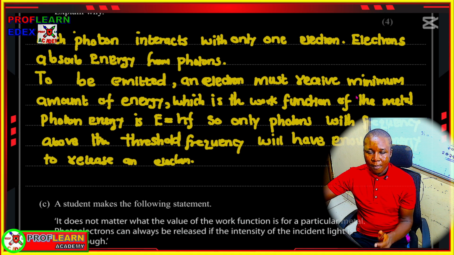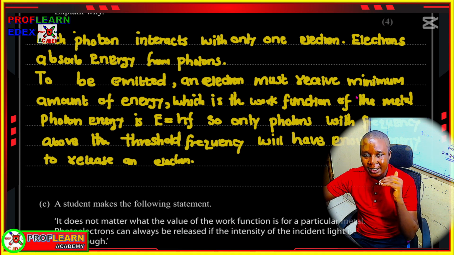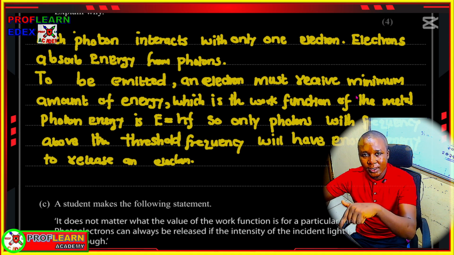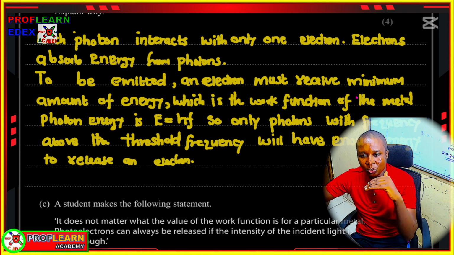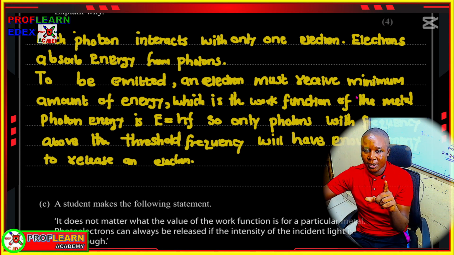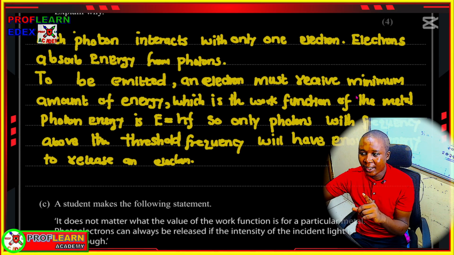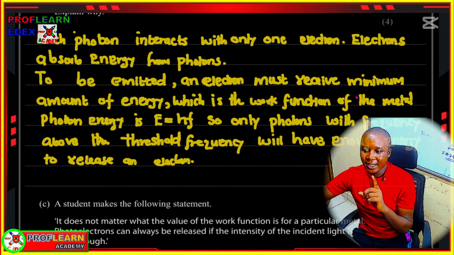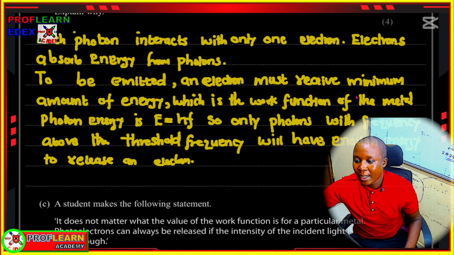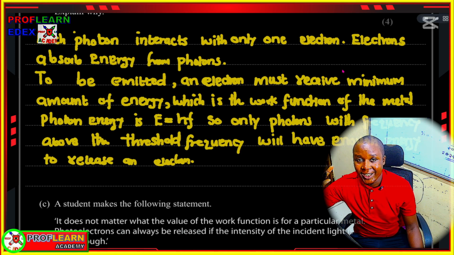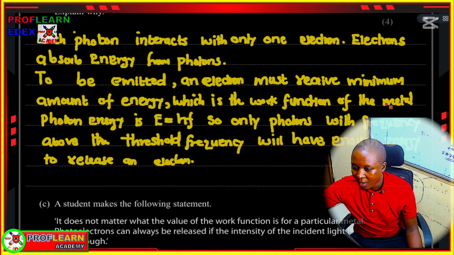Electrons will be dislodged if the frequency of that radiation is above the threshold frequency of that particular metal. So each photon interacts with only one electron, and electrons absorb energy from photons. To be emitted, an electron must receive a minimum amount of energy, and that minimum amount of energy we have said is the work function of the metal.